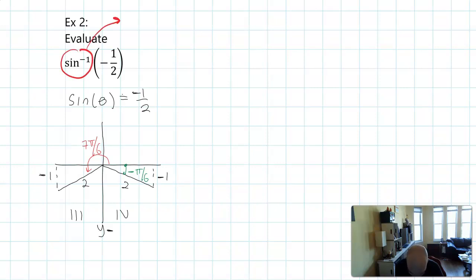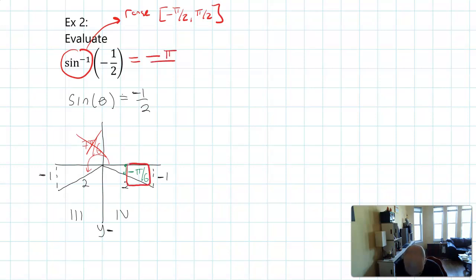And I know that this has the range -pi over 2 up to pi over 2 only. That's the only range of answers I'm allowed to give for this function. So of these two answers, 7 pi over 6 is not within that range, but -pi over 6 is.